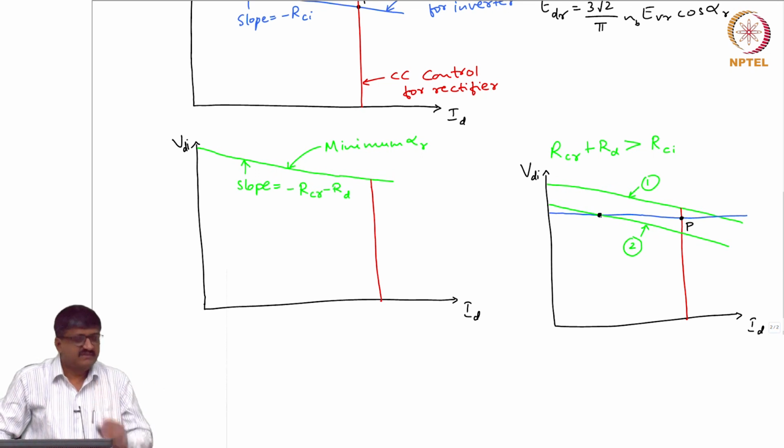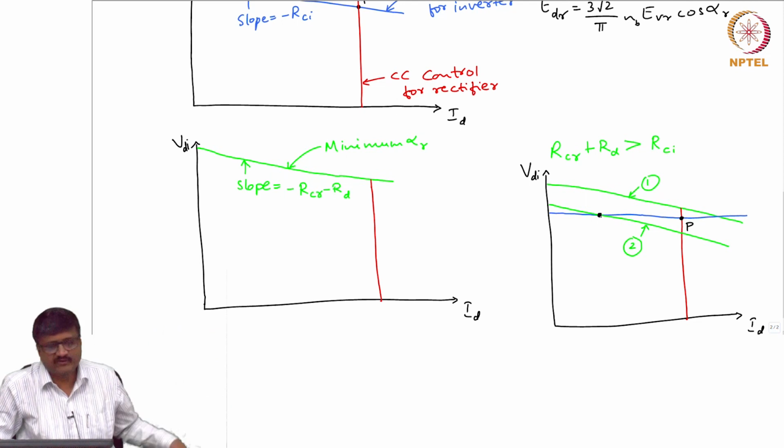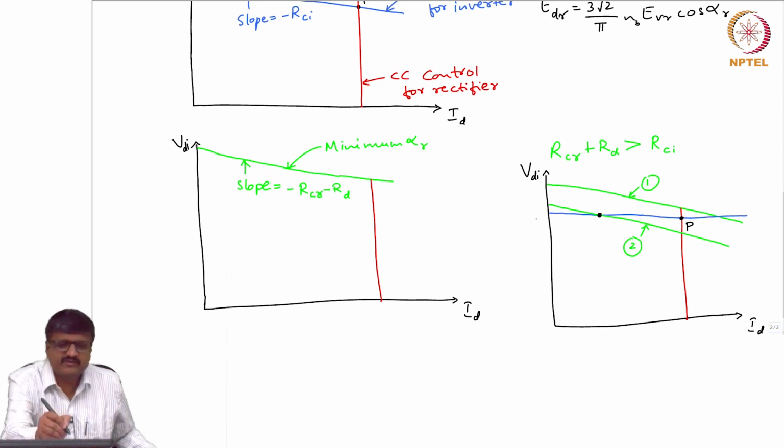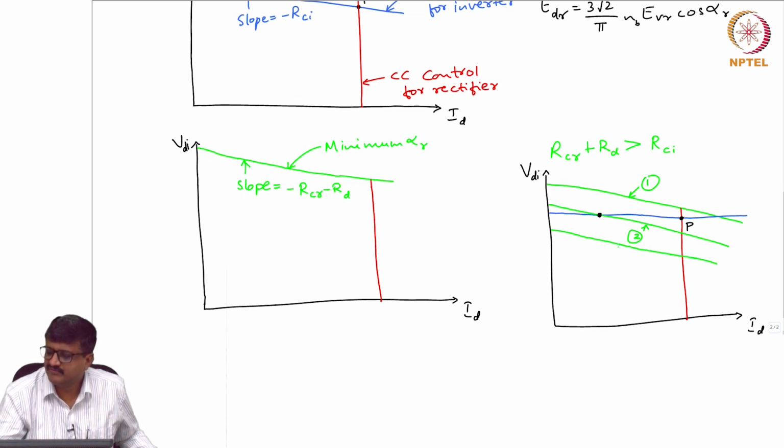Suppose this happens. Now, if this condition worsens, that means the voltage goes further down, then the minimum alpha R characteristic will be even lower. Suppose it goes to a situation where the blue and green do not intersect. So, this is 2. Suppose this is 3, then there is no intersection.